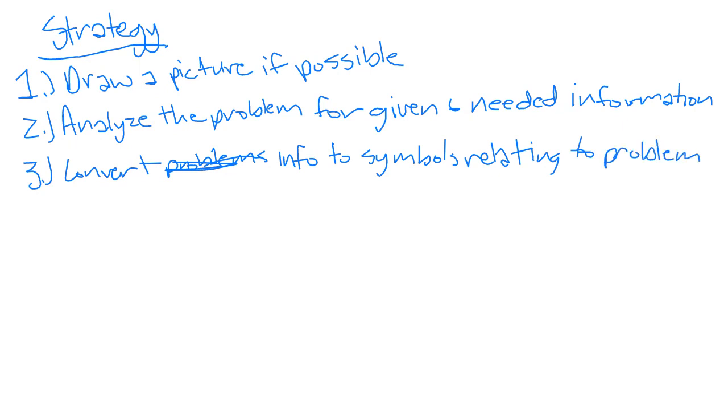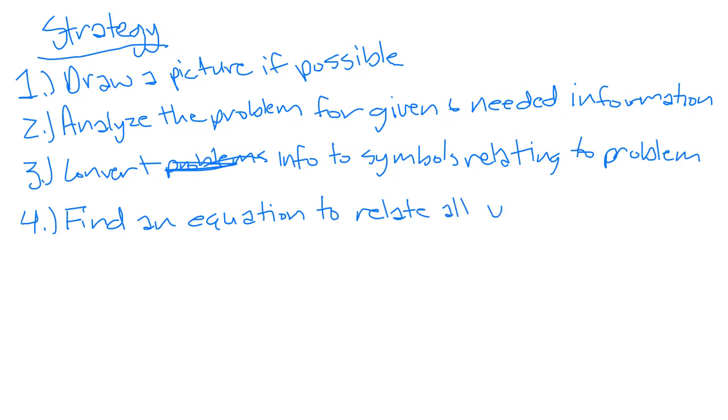Typically what I mean is try to get some sort of mathematical symbol or label, that way we know exactly what is what. And that way we can start figuring out, okay, this is what we have in terms of math, and that can help us get to the next step, which is four, find an equation to relate all values.